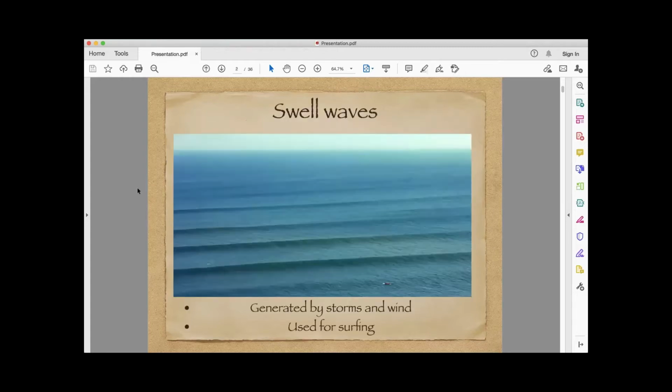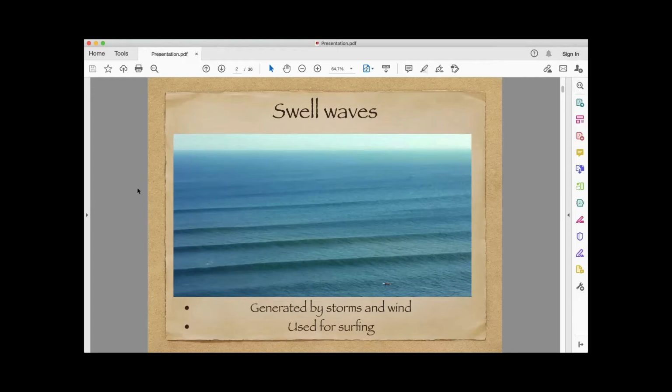A bit of introduction on why we study surface gravity waves. We know in the ocean you have all kinds of waves: internal waves, surface waves. Surface gravity waves are a very important component of the ocean dynamics. For example, swell waves are surface gravity waves generated by storms and wind in some very highly windy region, let's say near the Antarctic continent.